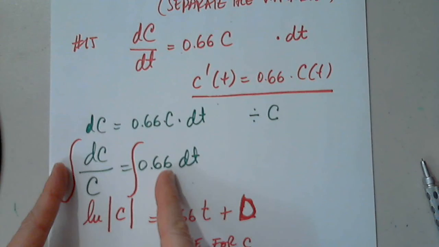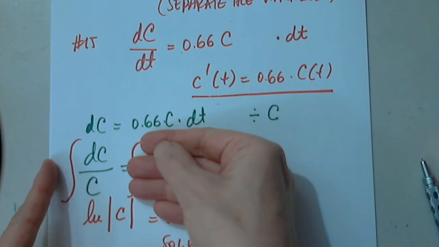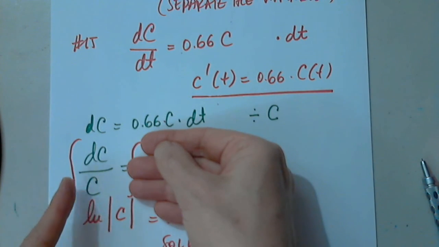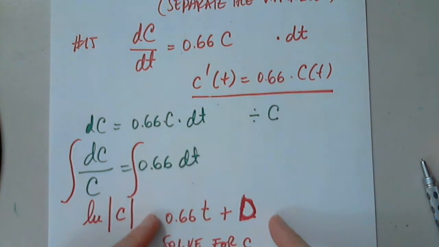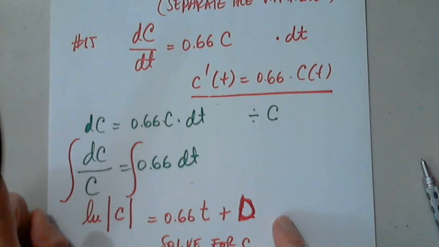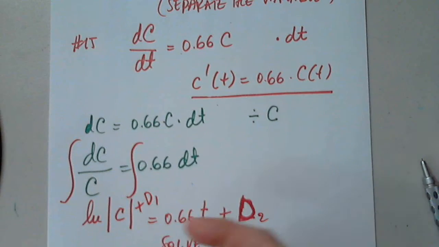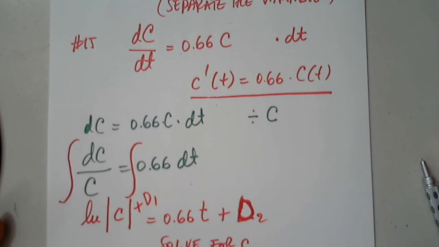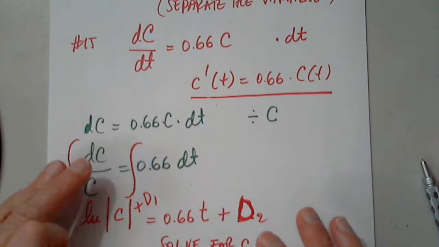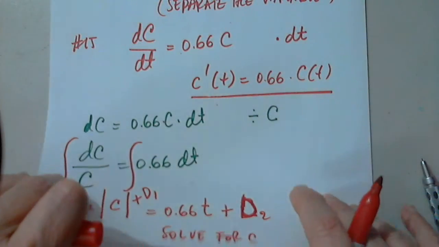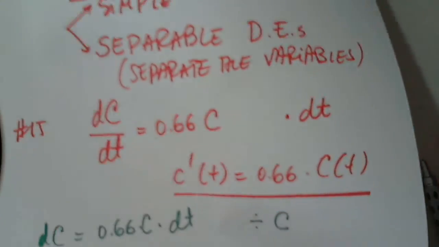So we solved both sides as if they are completely independent. We solved this and we got this. We solved this and we got this. It doesn't matter where you put the constant, but it has to be one constant. Even if I put a constant here, d1, and here d2, when I combine them, I will still get only one constant. So I'm going to write this again because I wrote on top of it.